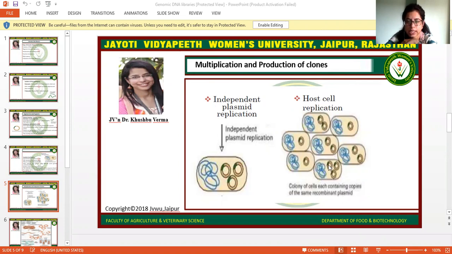A single cell is also doing independent plasmid replication. On the other hand, these host cells replicate, creating more cells which have these recombinant vectors, and these recombinant vectors will self-replicate independently within the cells. That's how we get a large number of cells and a large number of recombinant vectors or recombinant plasmids, and this is how we do the multiplication and production of the clones.